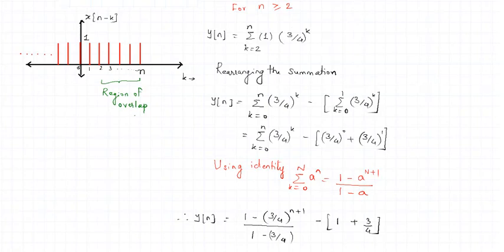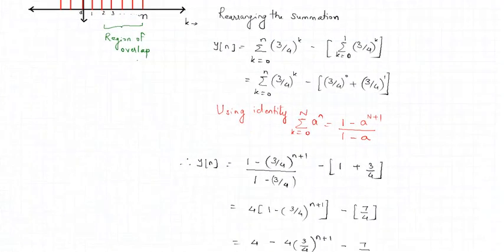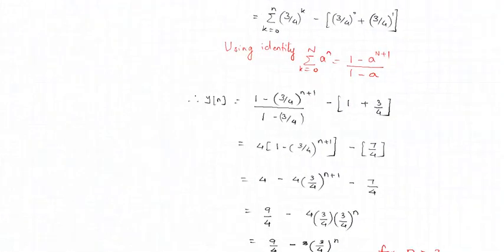Here a is 3 by 4. So using this identity, we get 1 minus 3 by 4 raised to n plus 1, upon 1 minus 3 by 4. We simplified the summation using the form shown in the identity.